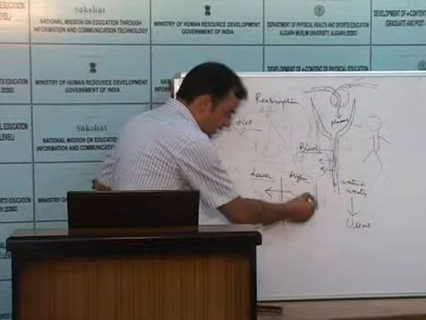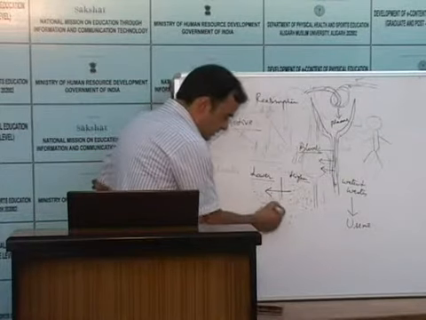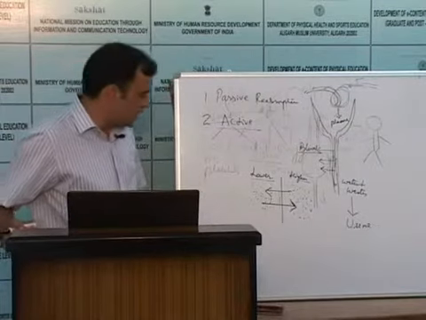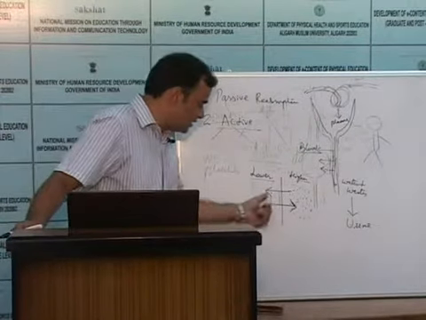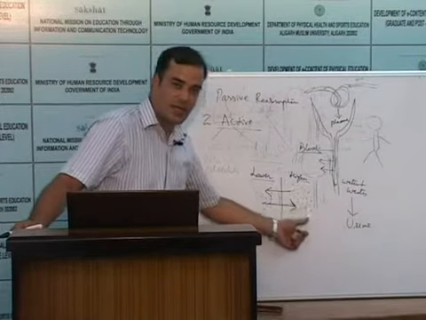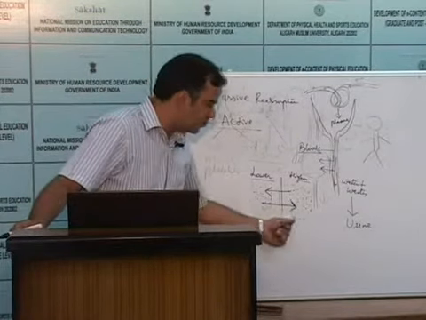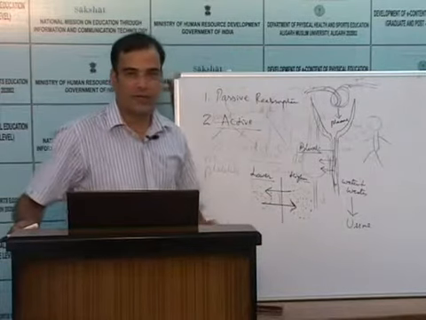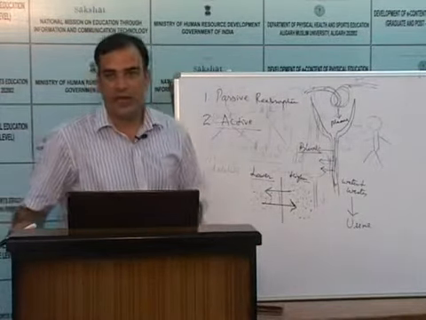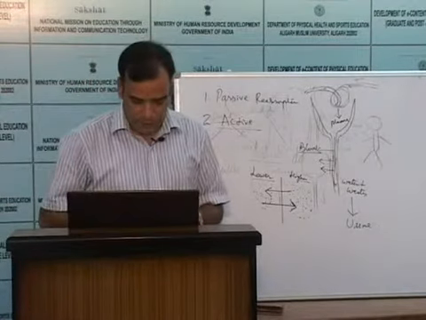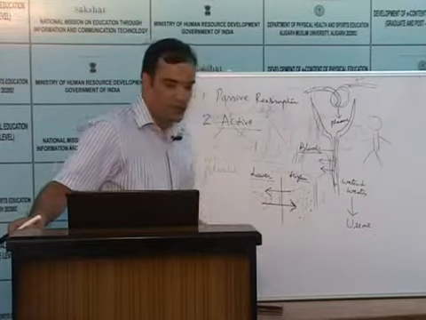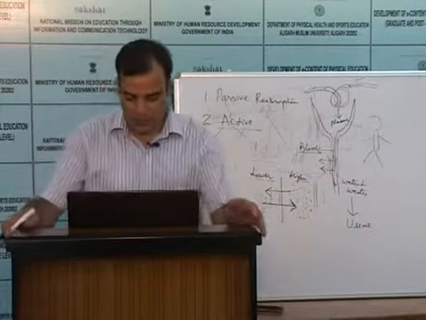The transport takes place against the concentration gradient, that means from the place where the concentration is lower to the side where the concentration is higher. So here the transport is against the electrochemical gradient. This requires energy, and energy is derived from the ATP. So this type of transport or reabsorption will be called active reabsorption.